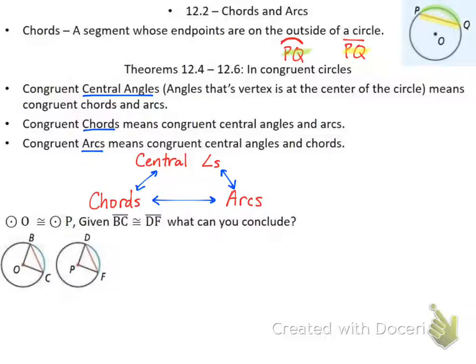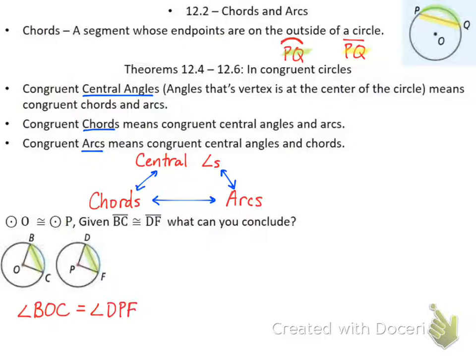So with the picture that we have here, I know that BC and DF are equal to each other. So BC and DF are my two segments. That means that the central angles that go with the green segments that I just highlighted have to be equal to each other. So I know that angle BOC has to be equal to angle DPF.